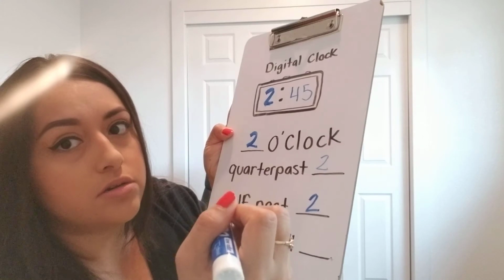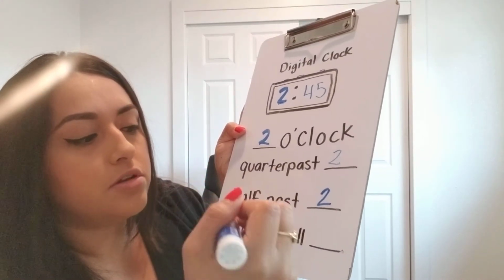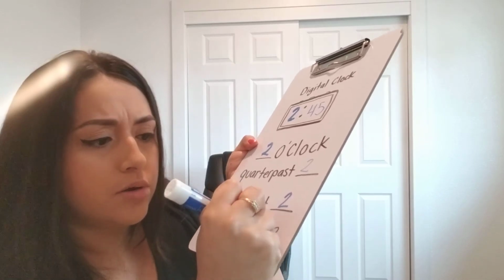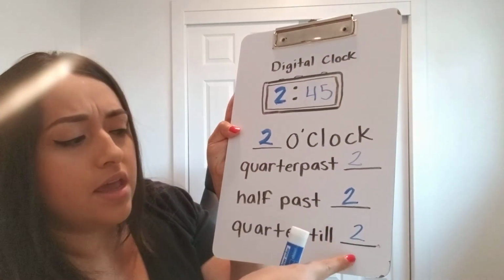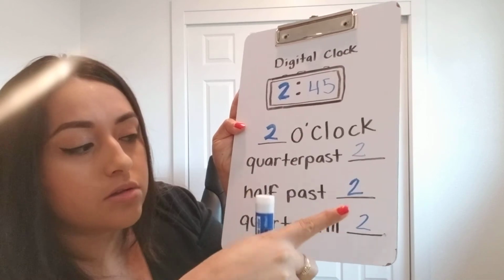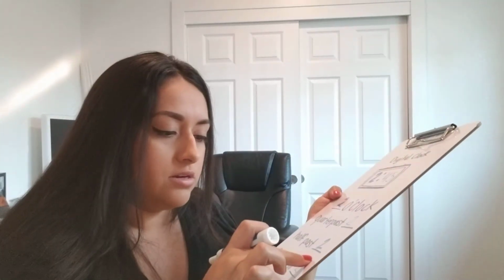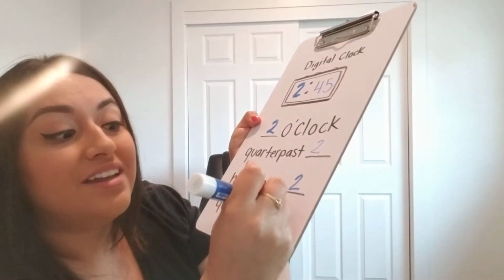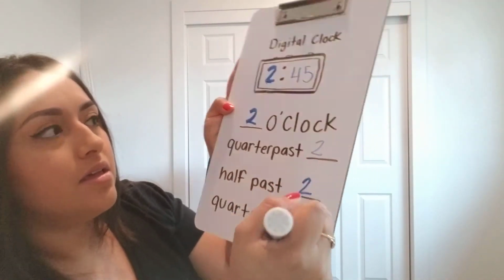So now we're not putting 2, because there's not 15 minutes until 2. It's already way past 2. It's almost at the end of 2. So now it's quarter till, oh, and I did exactly what I said not to do. A quarter until 3.